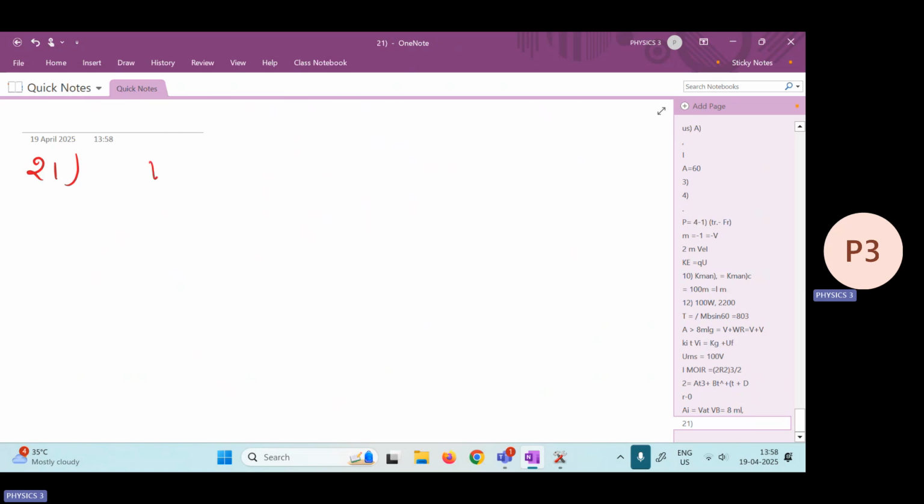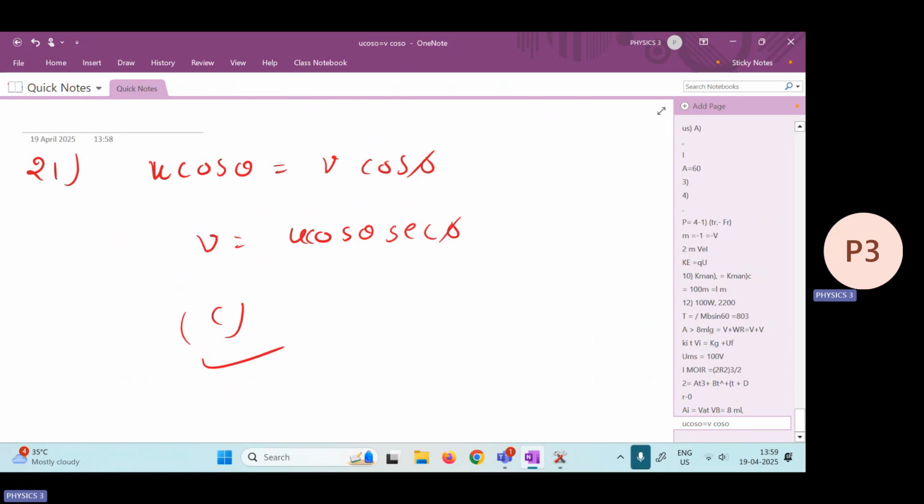So that will be u cos theta equals v cos phi, right? So from here v we can write as u cos theta upon cos phi. 1 upon cos phi we know is sec phi. So v comes out to be u cos theta sec phi. So C option is absolutely true in this situation. Okay. Now let's go to the next question.